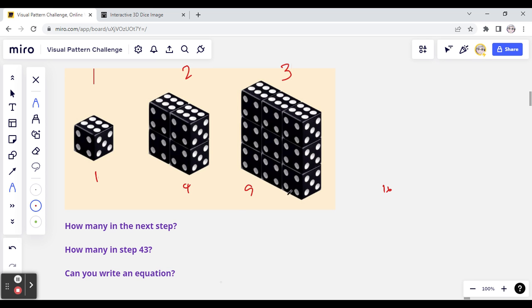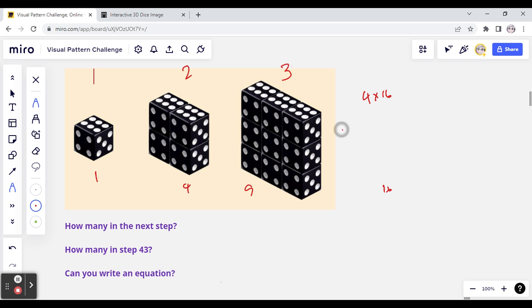Now to think about what the numbers are going to add up to, let's look at step 3. So we've got our 4s here, a big surface of 4s, and that number of 4s equals the number of dice, right? Because you can see all the 4s. There are 9 4s. So in step 4, we would have 16 dice, so we'd have 4 times 16.